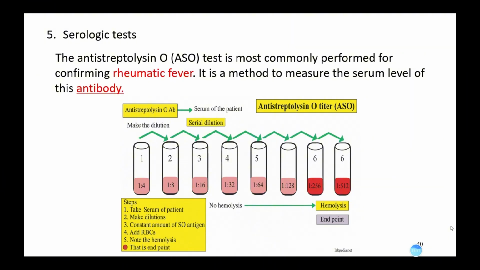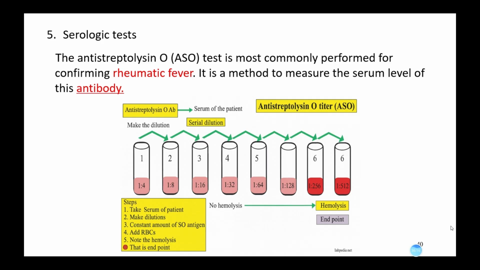Okay, the ASO test. Remember ASO, right? Anti-streptolysin O. So this is the antibody. This antibody can recognize streptolysin O, okay? ASO is in the patient's serum.